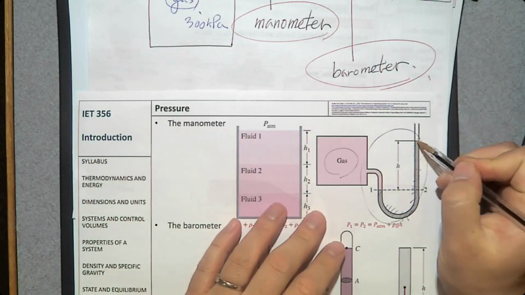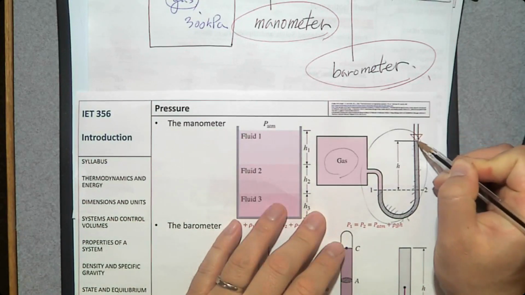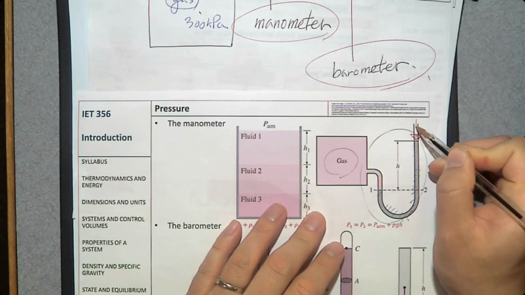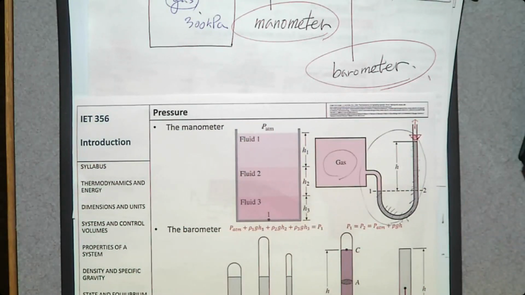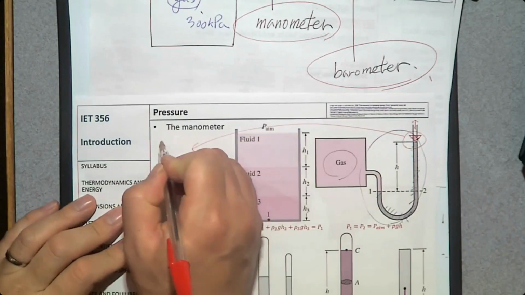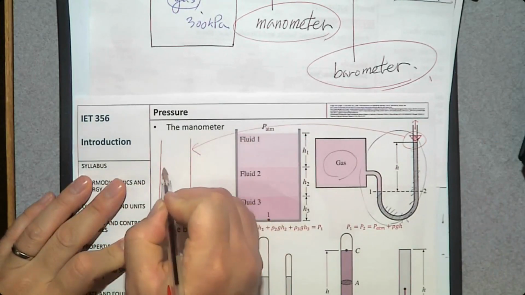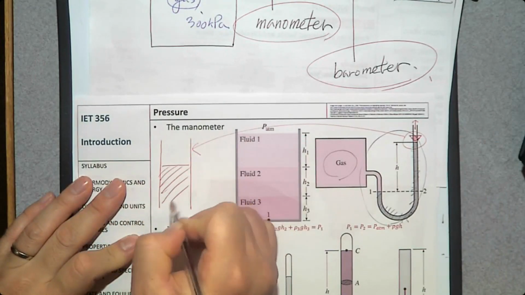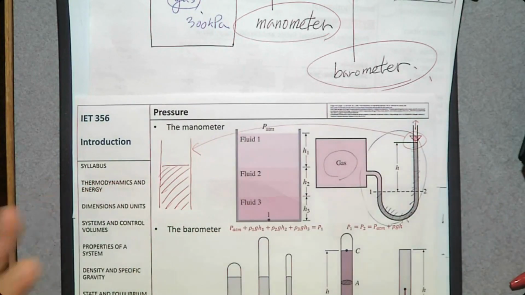This one is a surface open to the atmosphere, so the pressure at this surface is going to be the atmospheric pressure. Why is that? If you look at this tube and liquid is filled up to here, then what happens?